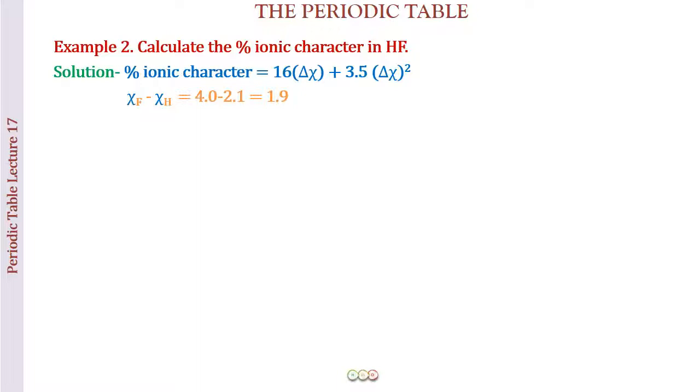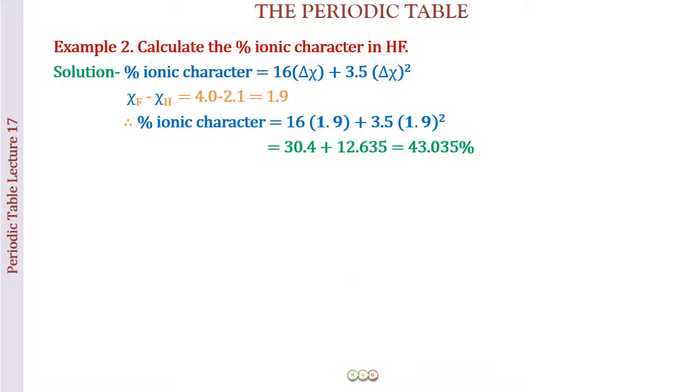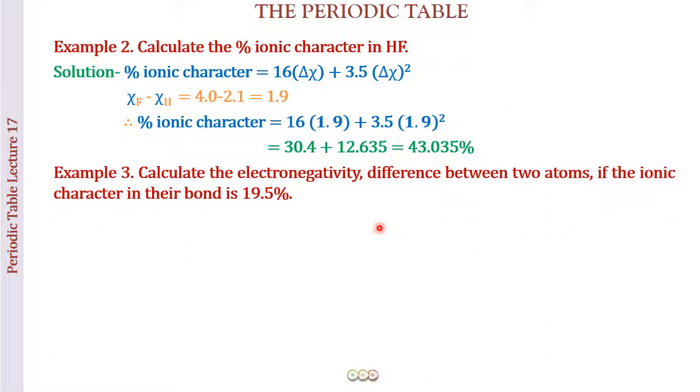So χF minus χH is equal to 4.0 minus 2.1, and the electronegativity difference is 1.9. Now you put this value of 1.9 in to calculate the percentage ionic character and you will get the value as 43.035%.